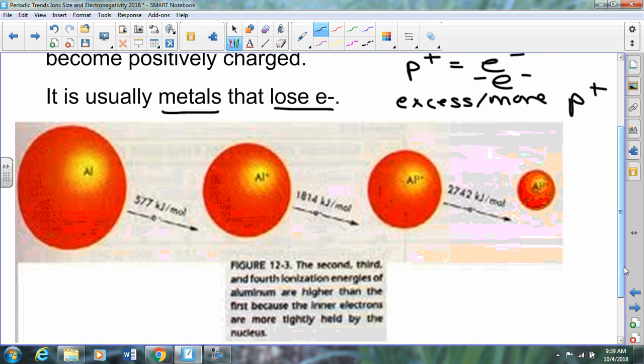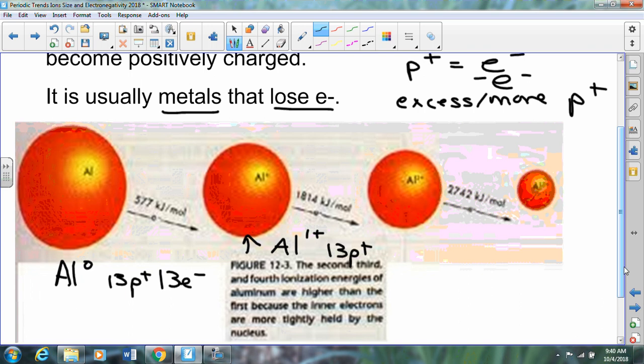This image is from before. This is aluminum when it is 0, 13 protons and 13 electrons. This is the aluminum that is now aluminum 1 plus. It still has the same atomic number, but it only has 12 electrons. This aluminum is aluminum 2 plus.